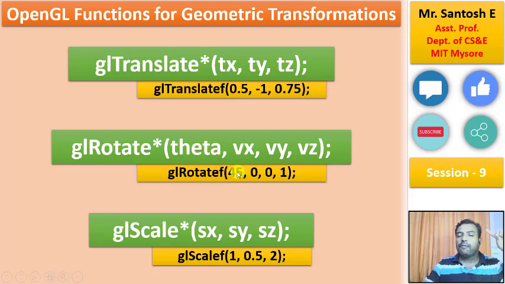Remember this: whenever you pass a parameter for this theta, you need to give it in degree form only. Do not try to convert from degree to radian, and do not think that you need to pass a radian value for this theta, which you usually do in a C program for the sine and the cos function.